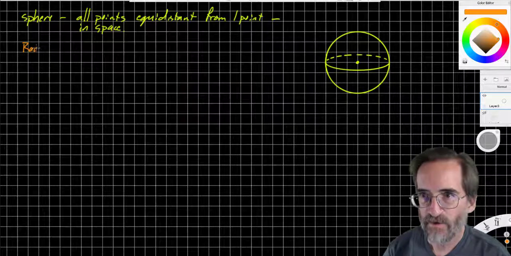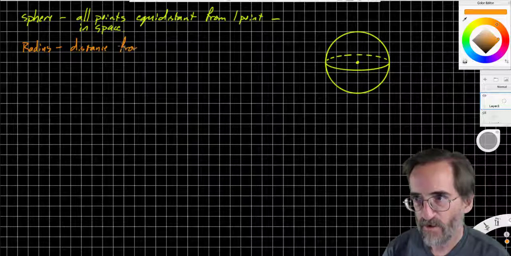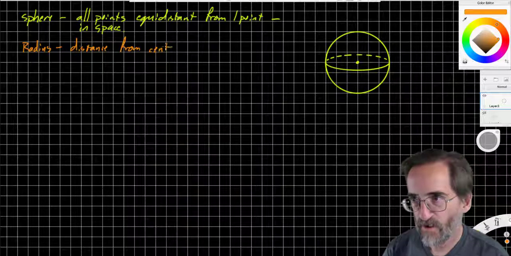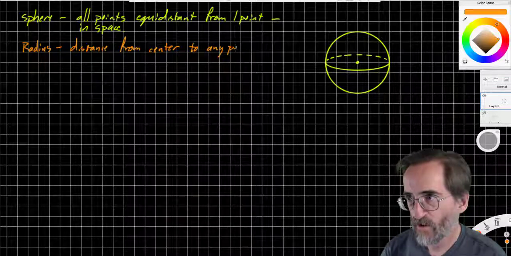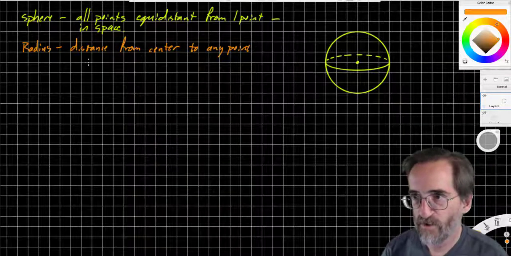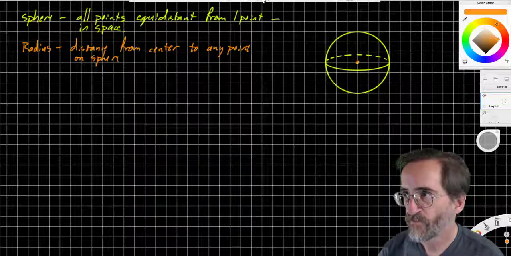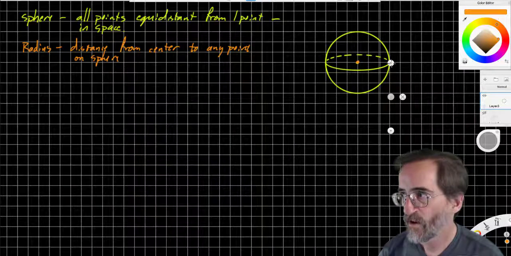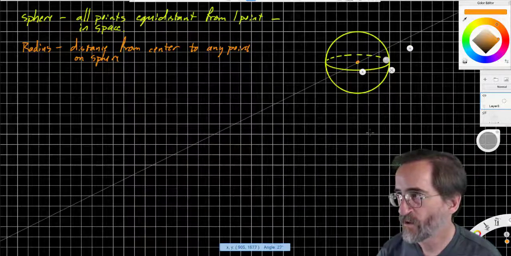Radius, distance from center to any point on the sphere. So the distance from the center drawn to any point on the sphere.